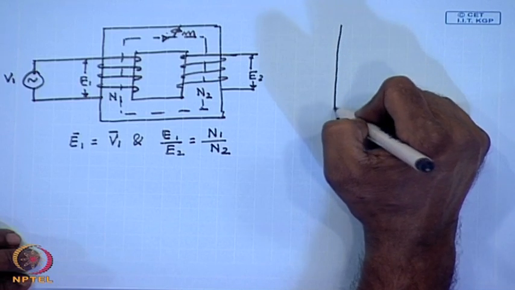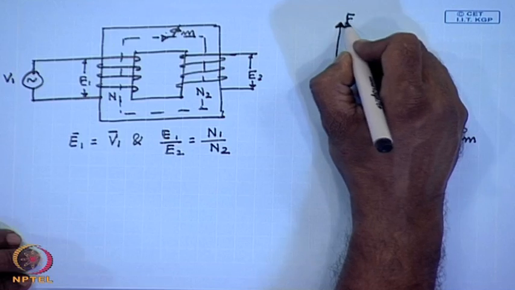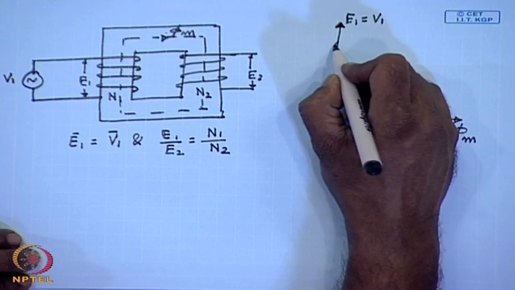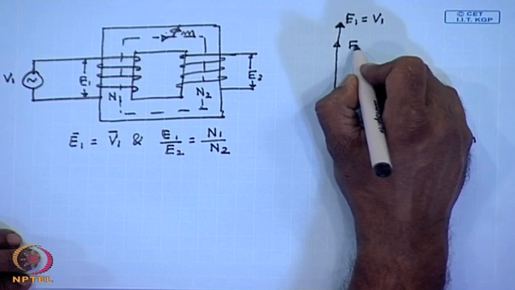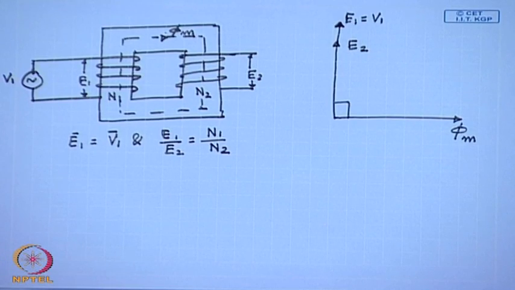The voltages V1, E1 and E2 lead it by 90 degrees. So, this is the phasor diagram of an ideal transformer at no load.